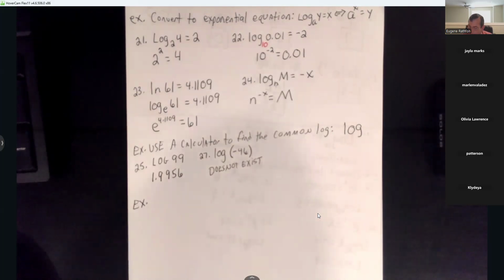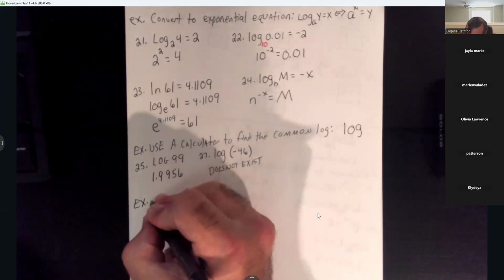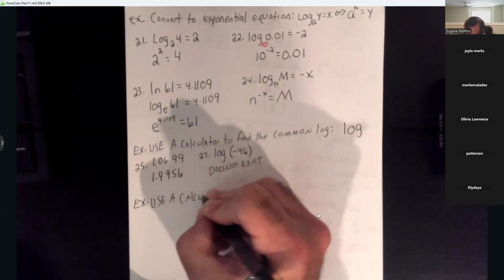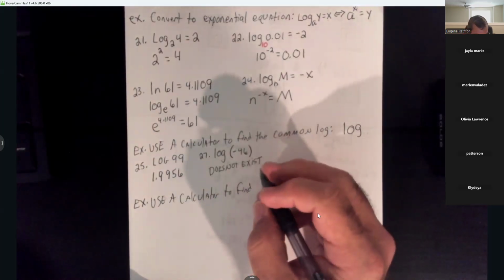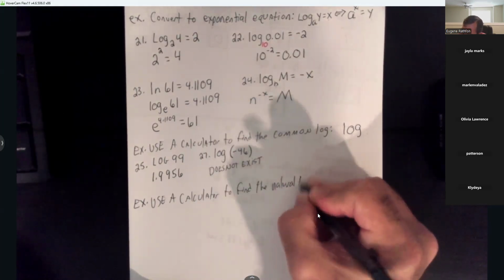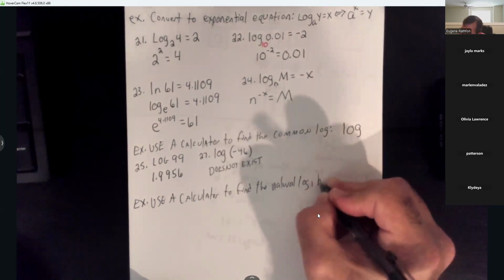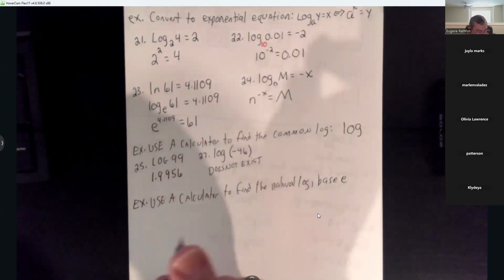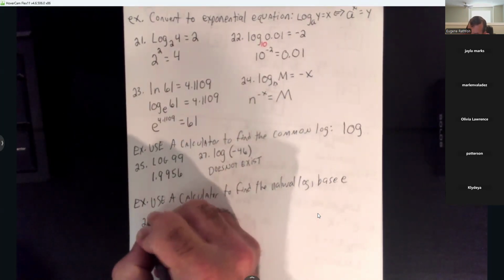Oh, y'all, so you had like 3 of them, I think, and then there's 3 doing this one. Use a calculator to find the natural log. And they even tell you that that's base E. Okay? So let's see. These ones started around 28.